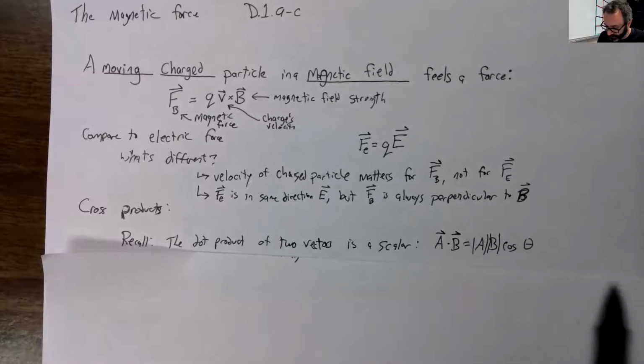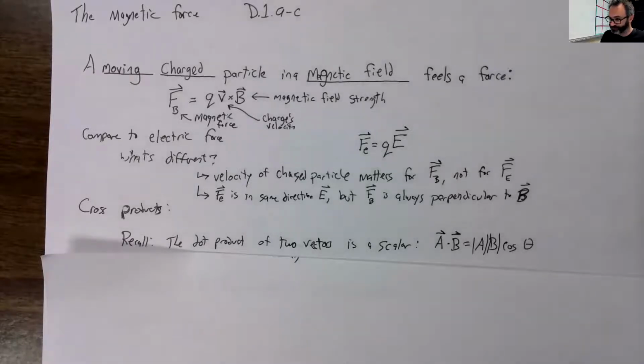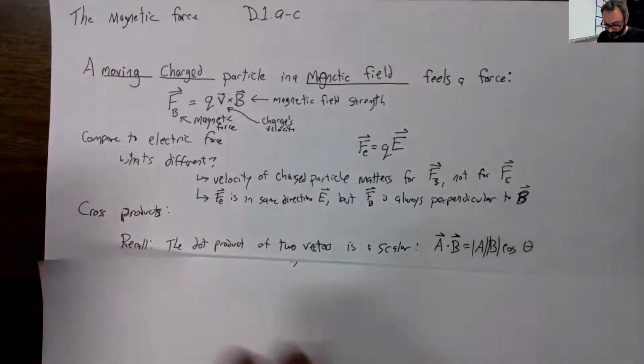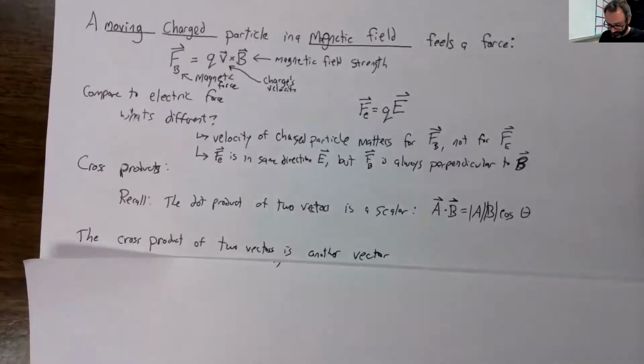That's one way to multiply two vectors together. The other way to multiply two vectors together is called the cross product. And instead of coming up with a scalar, the cross product of two vectors is another vector. All right. So since it's another vector, it's got a magnitude and a direction. And for now, we're just going to see how to calculate the magnitude and how to calculate the direction.